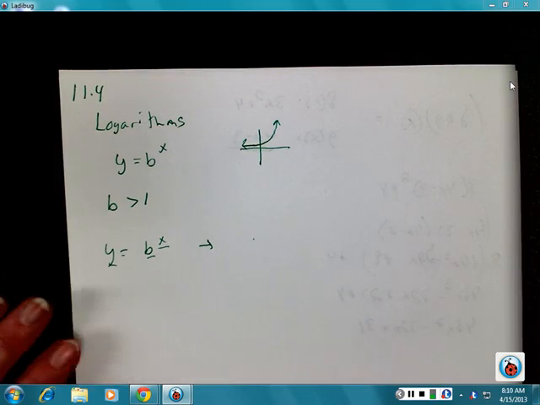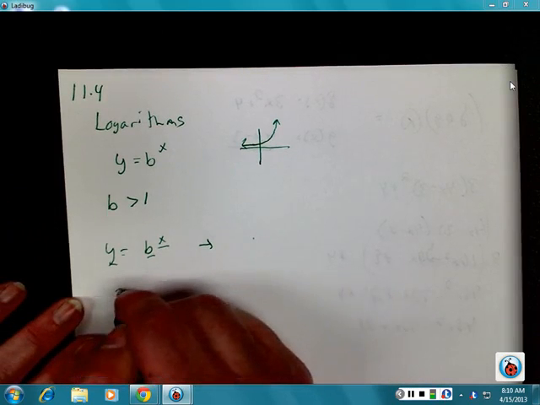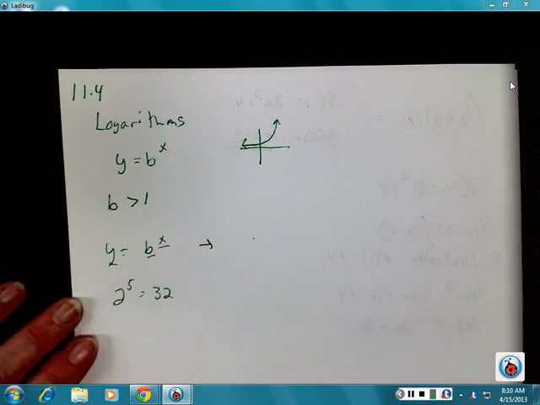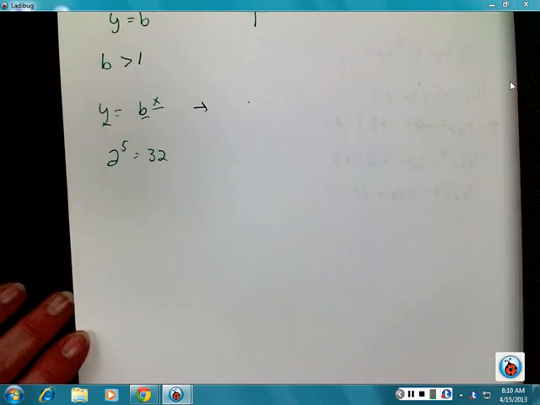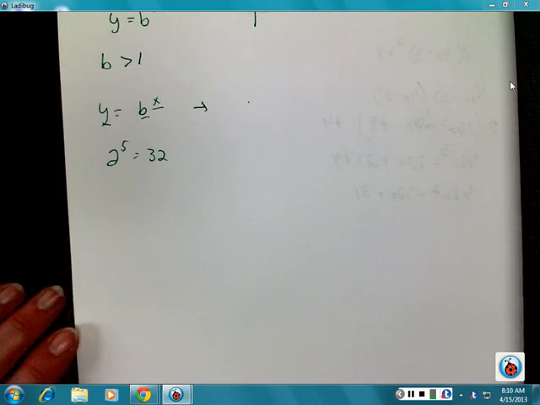Let's say we have 2 to the 5th power is equal to 32. We all agree to that? That 2 to the 5th power, if you put on your calculator, would be equal to 32.